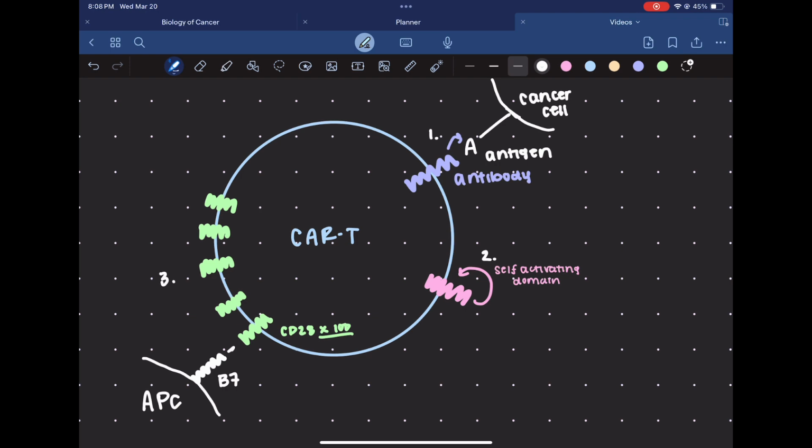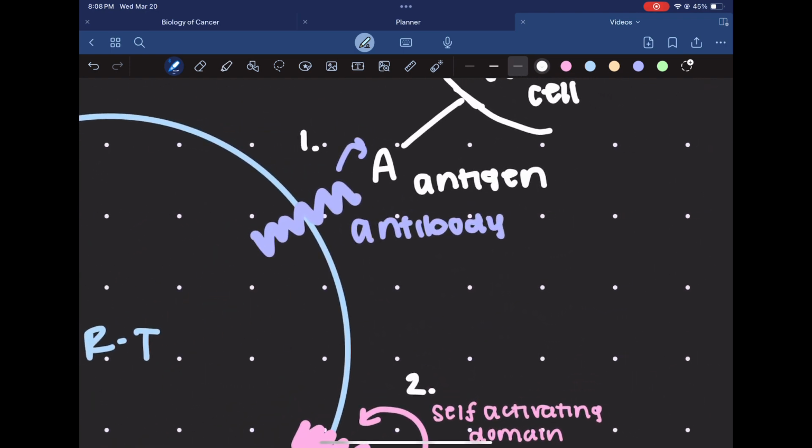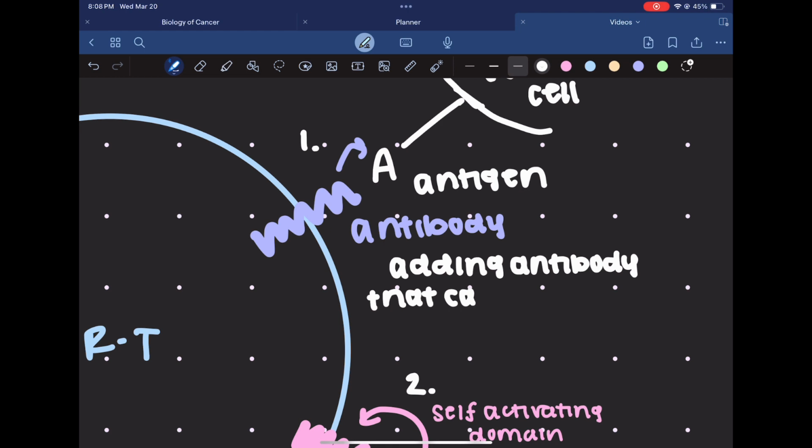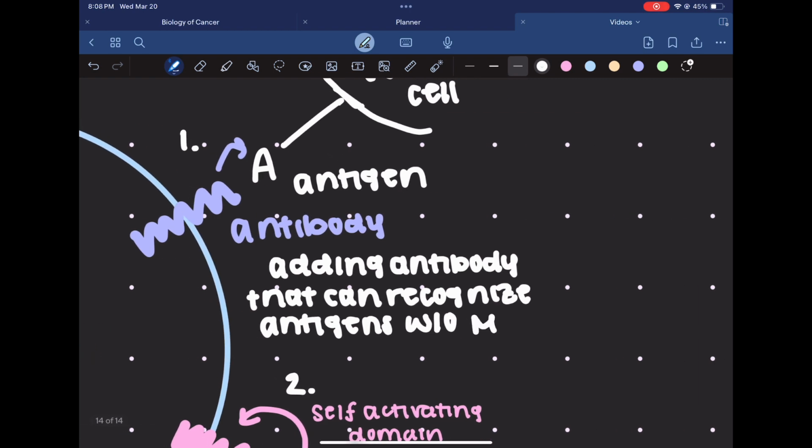So again, to just write each of them down, we have adding an antibody that can recognize antigens without MHC1.